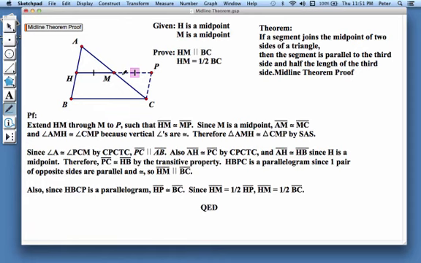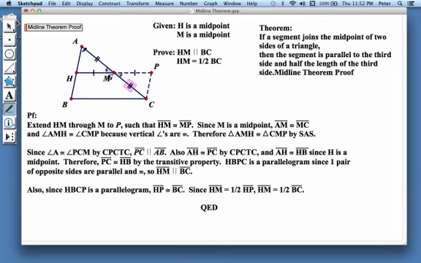Since M is a midpoint, AM is going to also be congruent to MC. And angle AMH will be congruent to CMP because they're vertical angles. Therefore, triangle AMH is congruent to triangle CMP by side angle side.